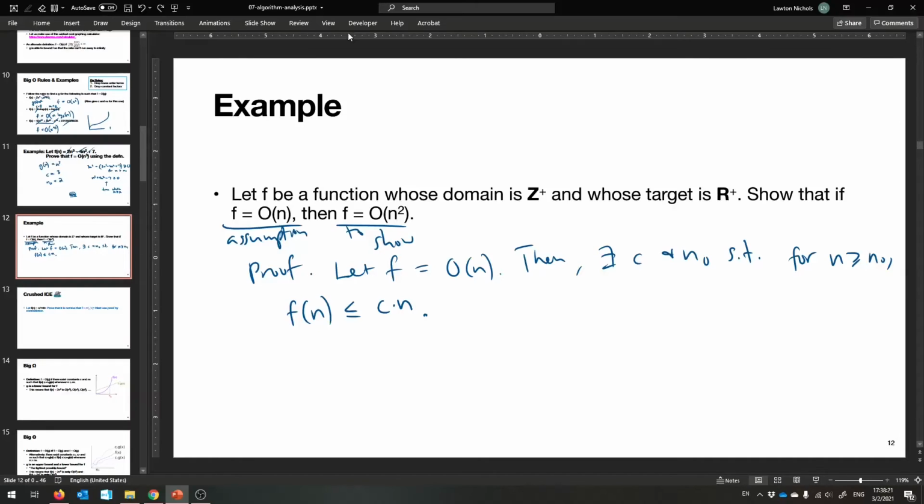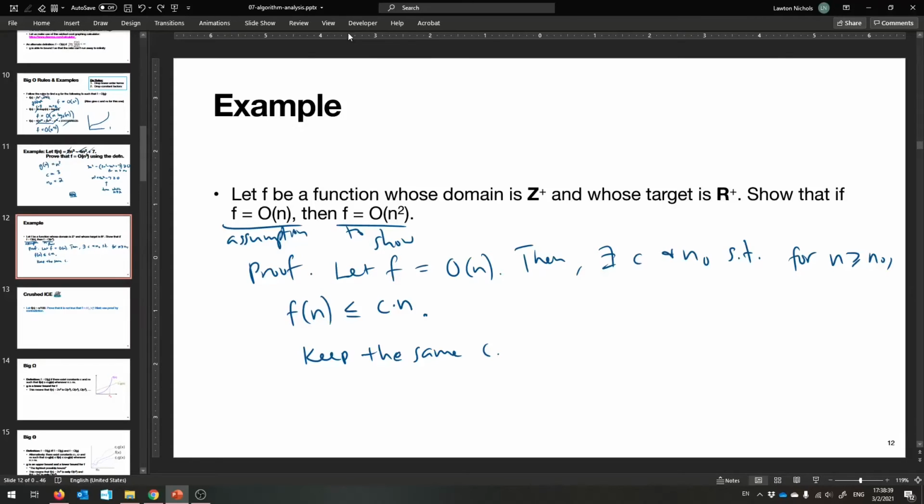So okay, let's keep the same c. We're going to show that f is O of n squared.